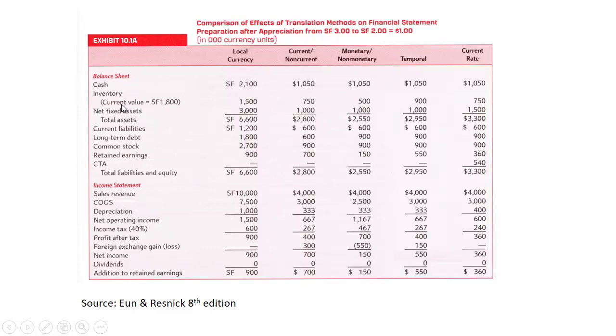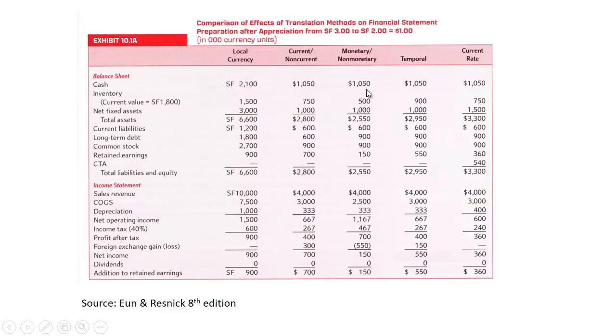Now, if we look at inventory, we see some different numbers here. Note that the current value of the inventory is 1800, but they must report in the historical value of inventory at 1500. So in the current non-current method, they're converting this at the spot exchange rate, the current exchange rate.